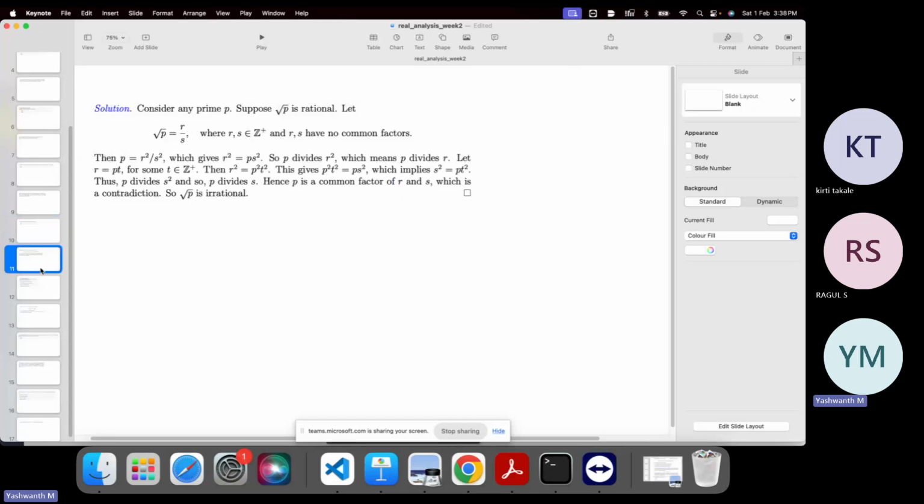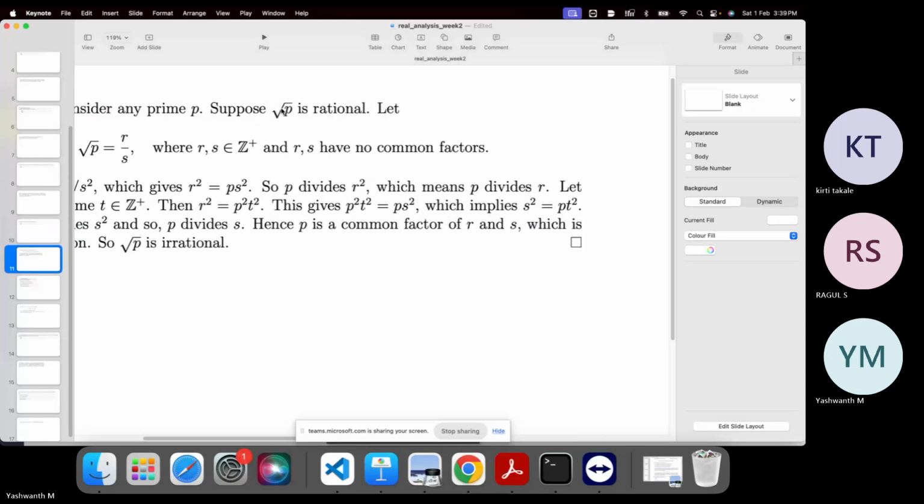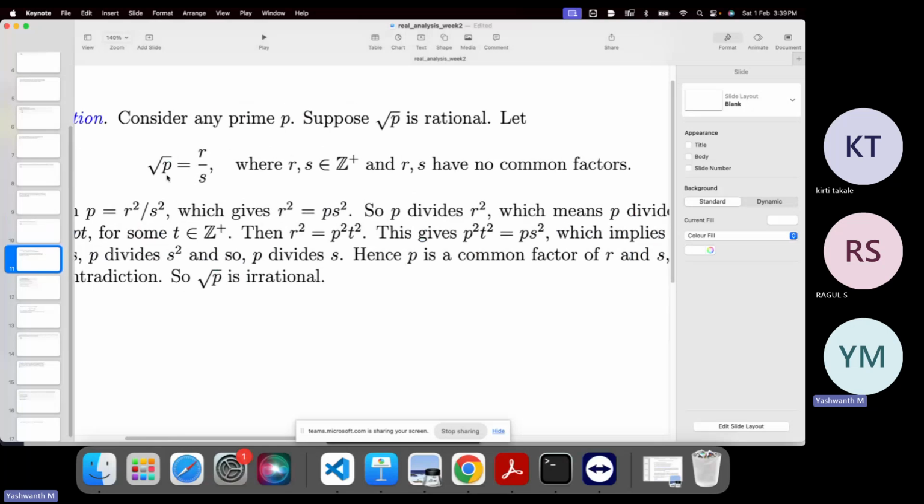As a detailed proof, we can go over this now, and you can stop me wherever it is not clear. Suppose we assume that the square root of p is rational. Rational means we can write square root of p as a ratio of two positive integers, r and s, such that r and s have no common factors. If there are common factors, you can cancel them, right? This is important: r and s have no common factors.